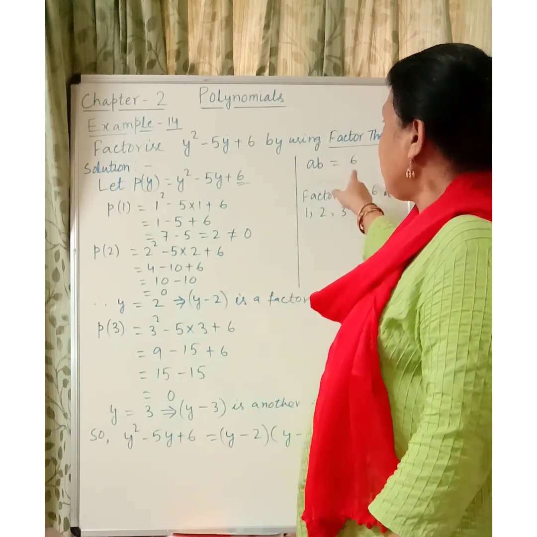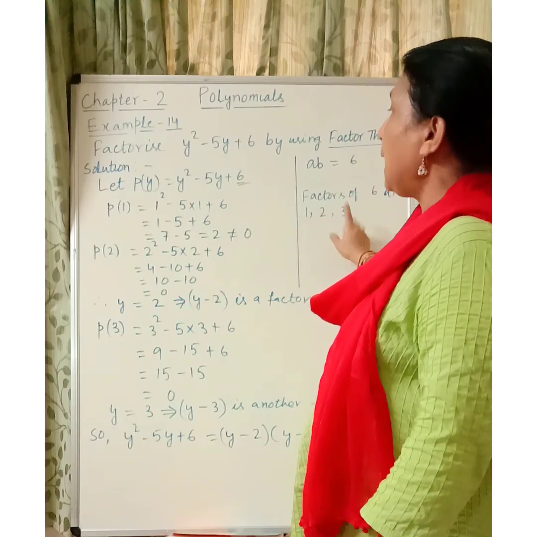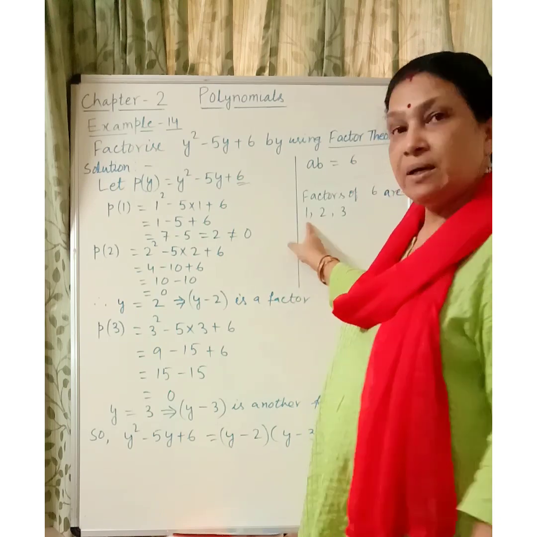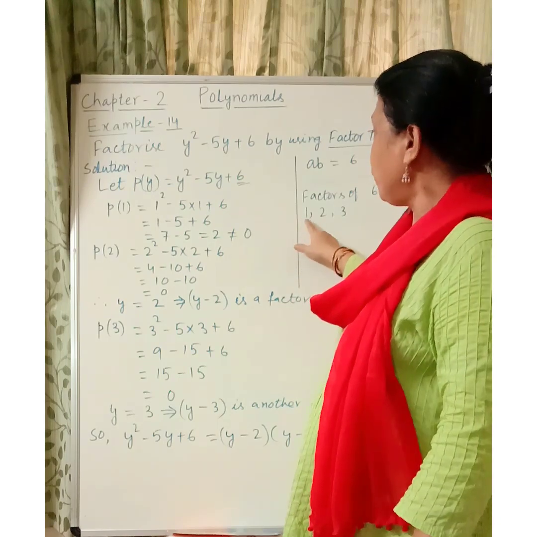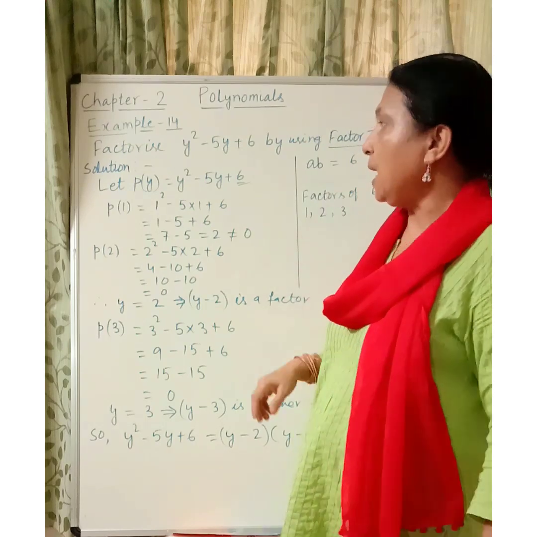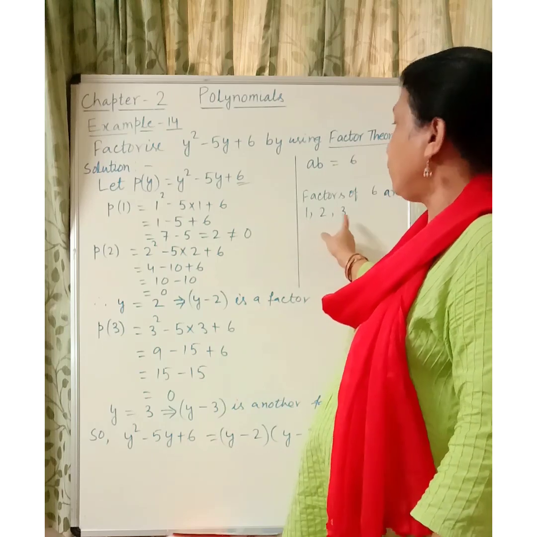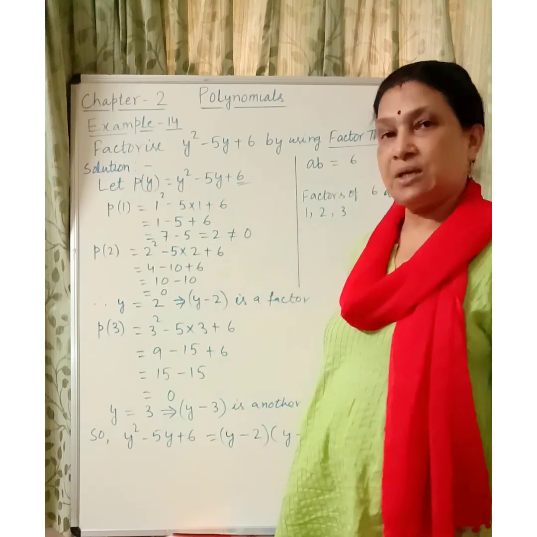So here, what are the factors of 6? Factors of 6 are 1, 2 and 3. And we will be substituting the value of y as either 1 or 2 or 3, and we'll check for which value of y the remainder will be 0.